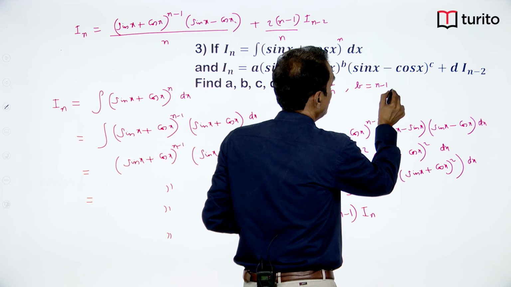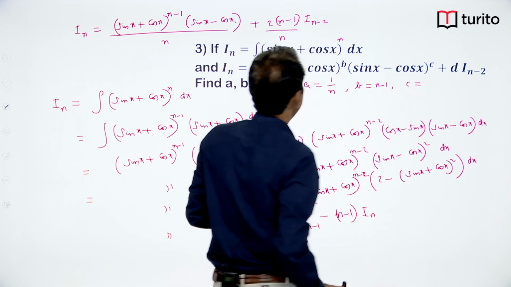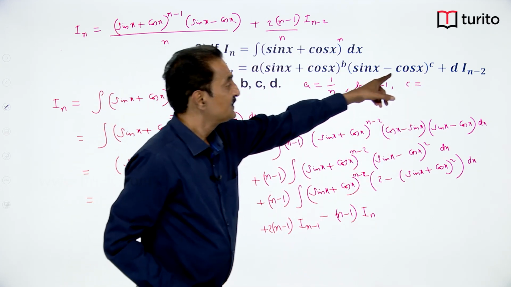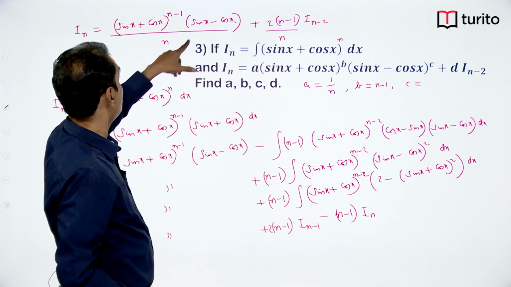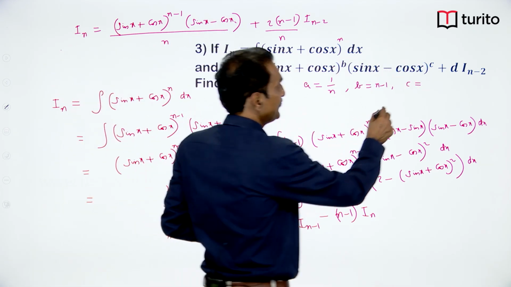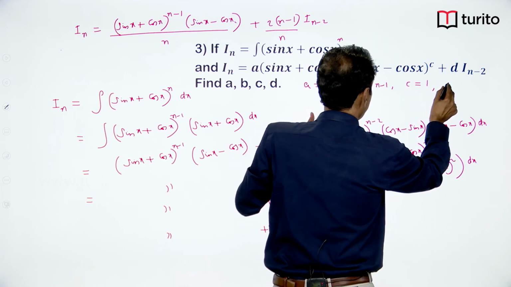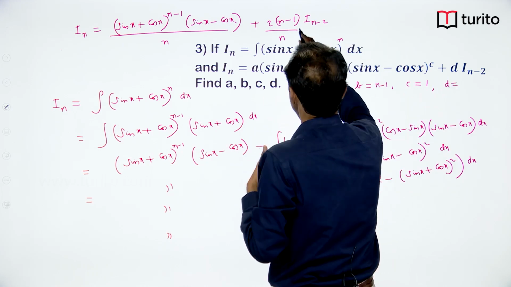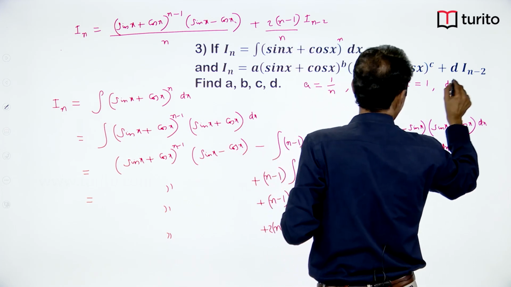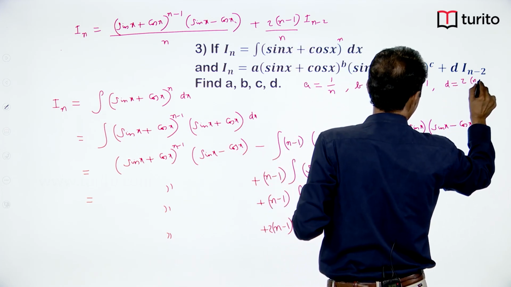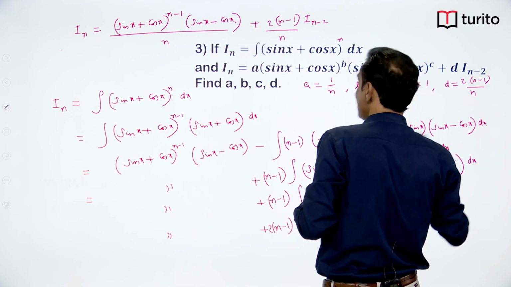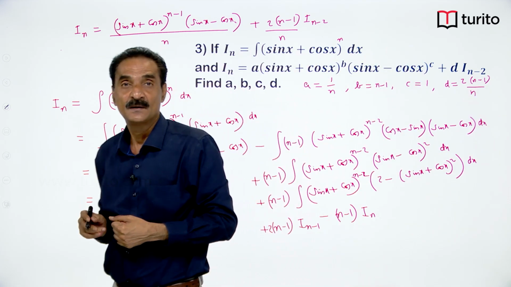C is the power of sin x minus cos x, that is 1, and d, what is d? This constant 2 into (n minus 1) by n.